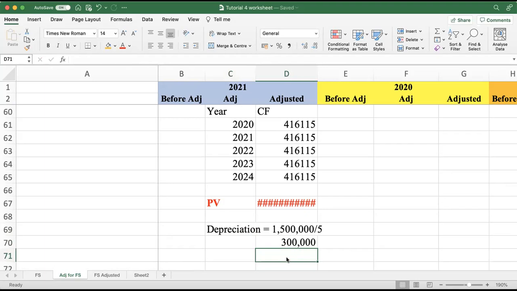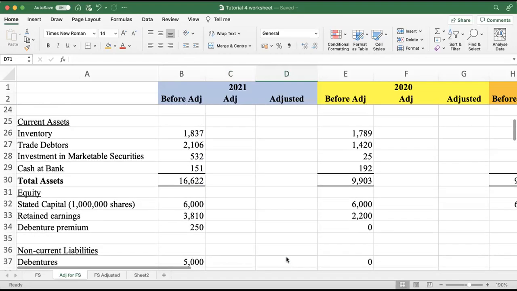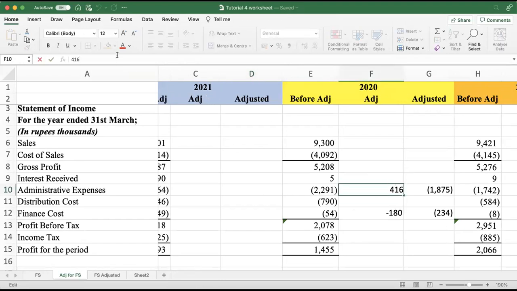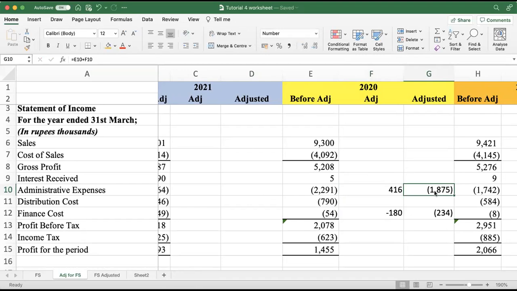So depreciation goes to profit and loss. You can take under administrative expenses. So under administrative expenses, you can take depreciation. Right.